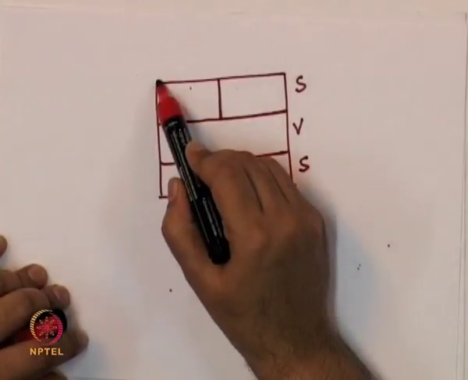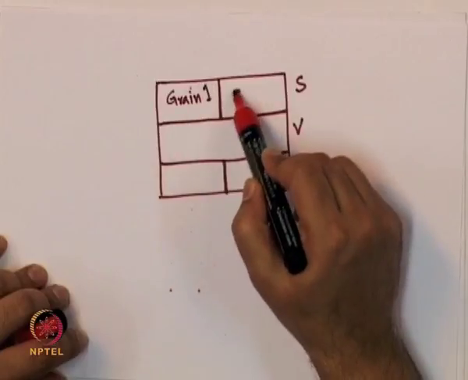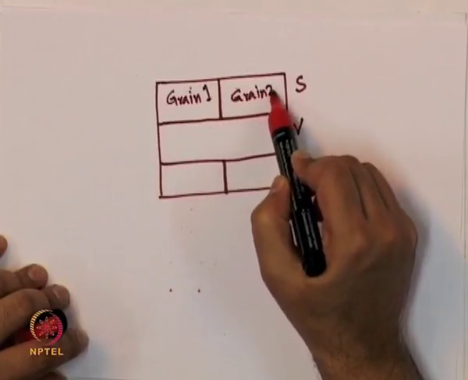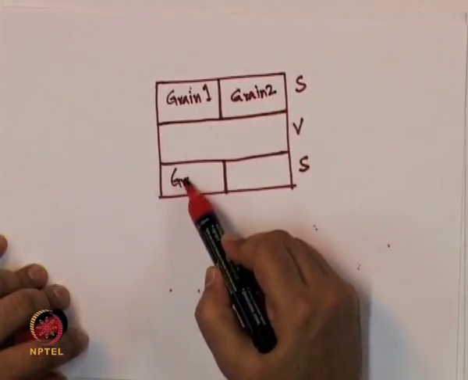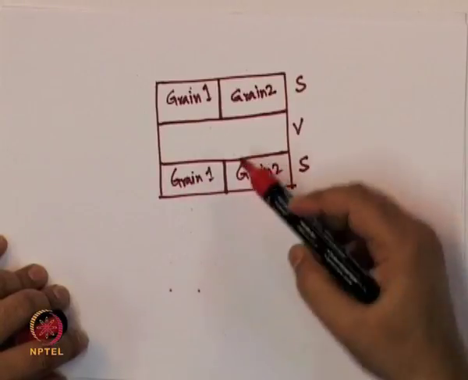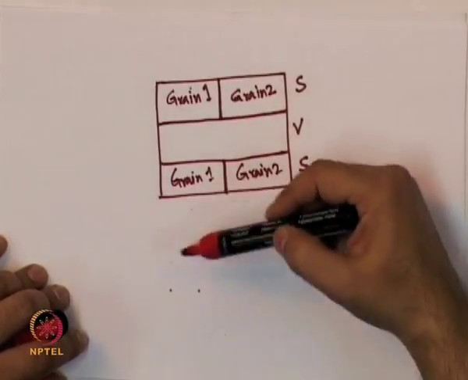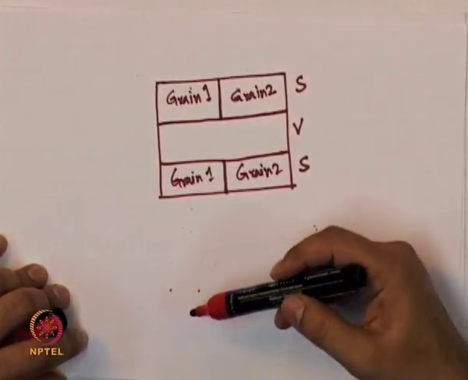Now, typically one might tend to think that there is only one grain boundary, right. So, I have grain 1 here, I have grain 1 here and grain 2 here. So, the periodic boundary condition here also is satisfied, grain 2 continues to grain 2, grain 1 continues to grain 1.